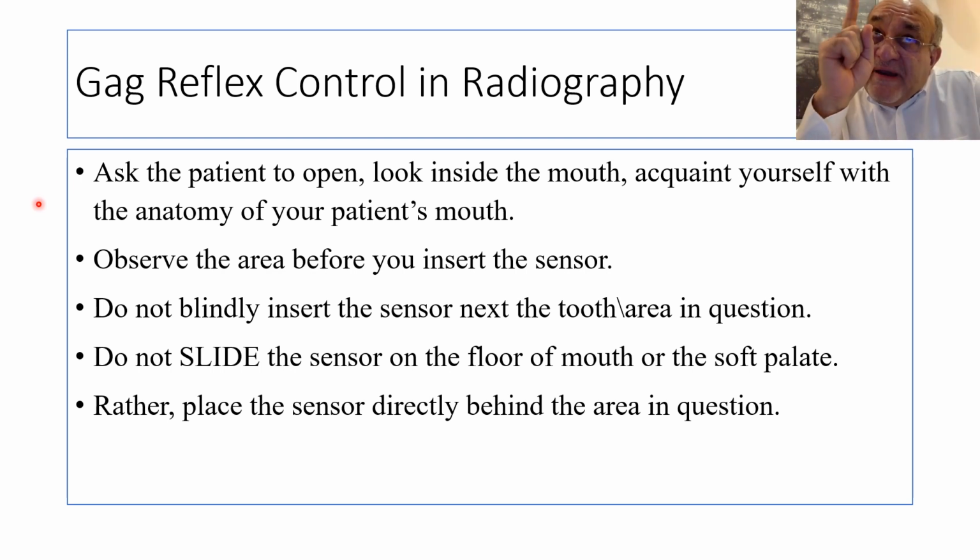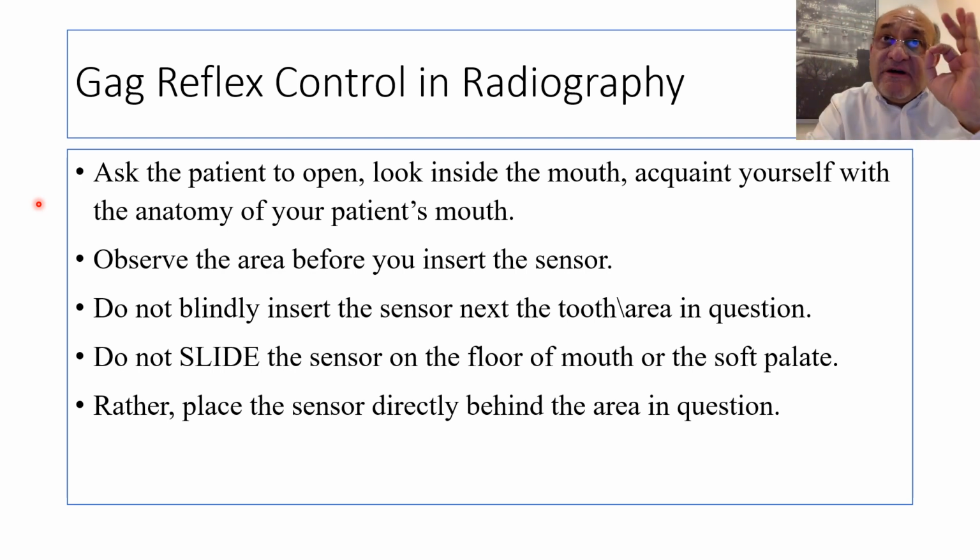Now, before you place the sensor inside the patient's mouth, don't put the sensor blindly inside the mouth. Please ask your patient to open, then have a look inside the oral cavity. If you look inside, you're going to acquaint yourself with the anatomy of the area.